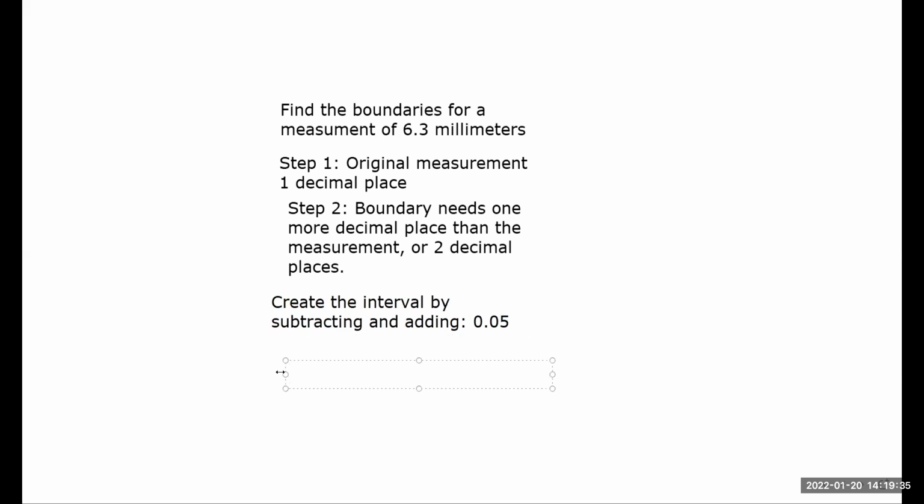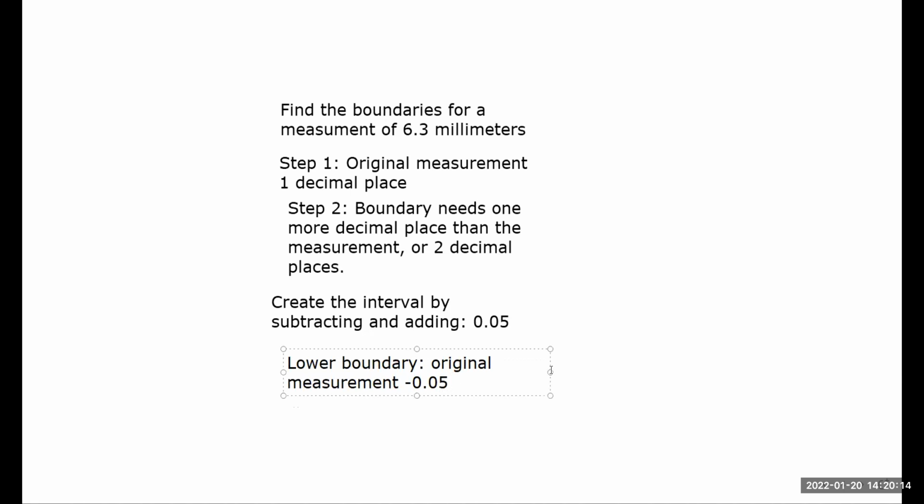So my lower boundary for this measurement is going to be the original measurement minus the amount that I figured out that I was going to add or subtract, which in this case is 0.05.